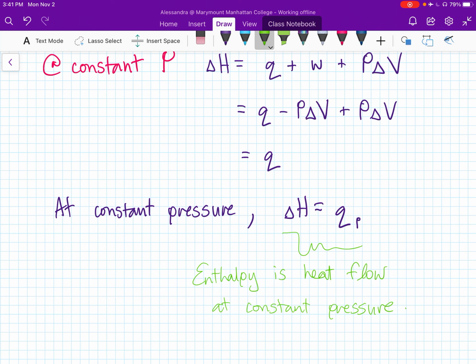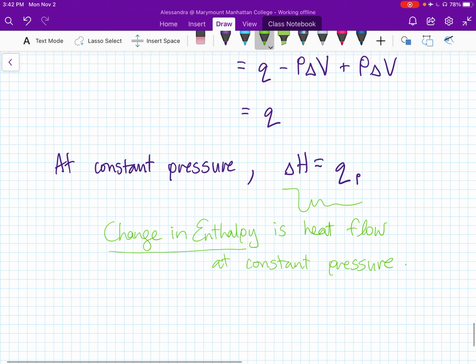So that is a useful definition of enthalpy. Okay, so if I want to be really correct, I need to say the change in enthalpy of a system is heat flow at constant pressure.